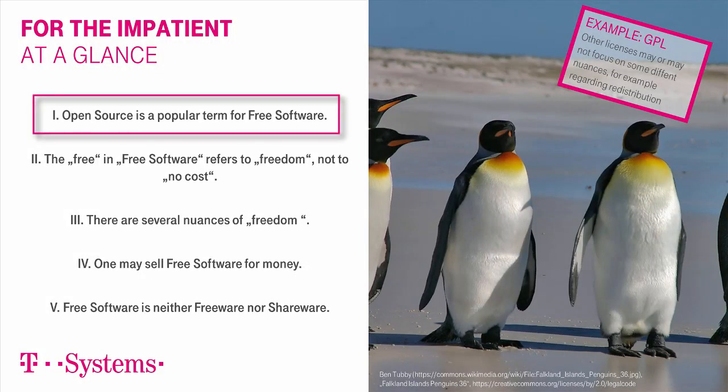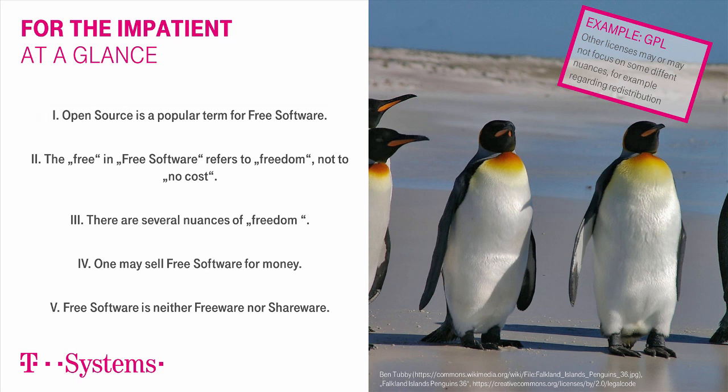Especially the term open source itself is the subject of a lot of discussion. But for us it's fine to see open source just as a popular term, as an alias for the term free software, which is technically slightly more precise, but let's stick with open source in general.